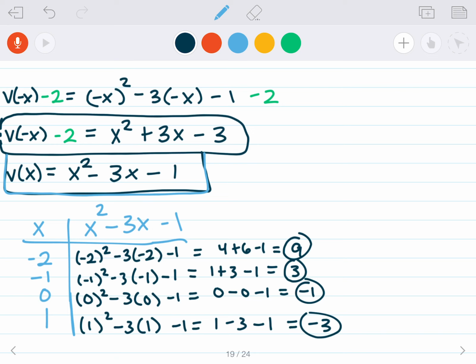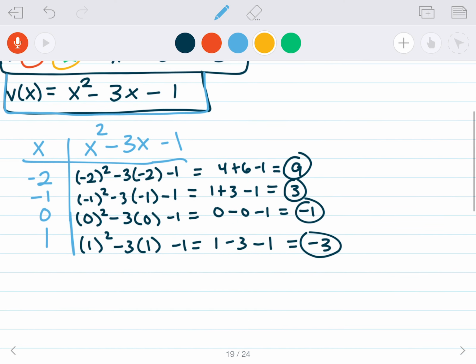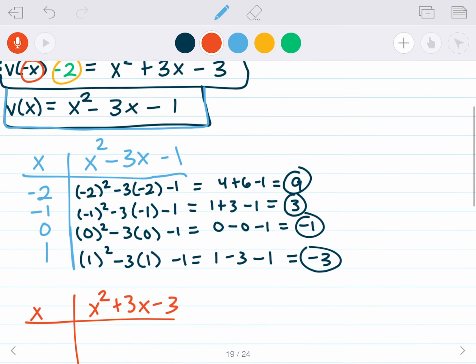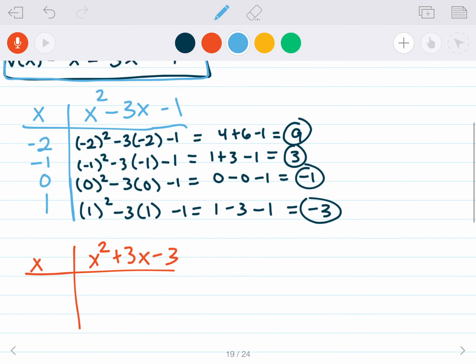And for my transform function, it's saying I'm going to multiply all of my x values by -1, and then I'm going to subtract 2 from all of my y values. So for my transform function, I have x, and then x squared plus 3x minus 3 is my transform function. With my x's, I'm multiplying all of those by -1 from my parent. So I have 2, 1, 0, -1.